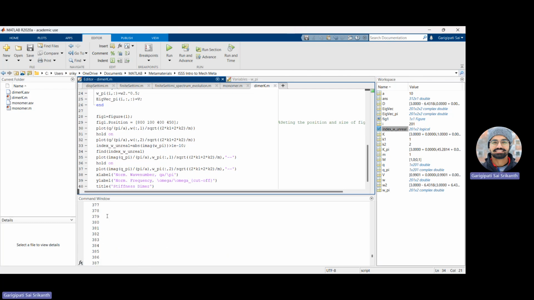Yeah, find is giving you all the indices where the value is non-zero. So if the index of omega unreal is non-zero, these are the indices we need to eliminate. Okay.